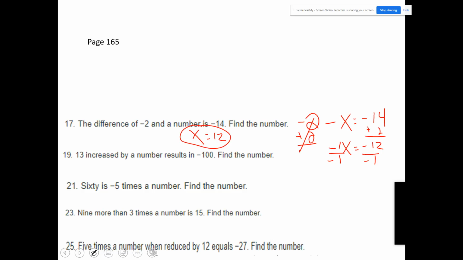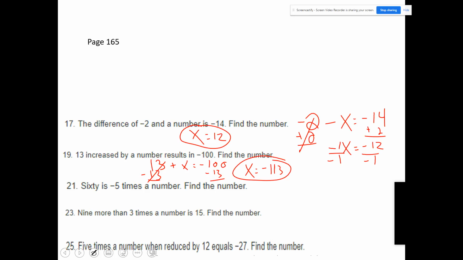For 19, we have 13 is increased by a number results in negative 100. So 13 increased is addition by a number results in negative 100. Subtract 13 from both sides, and we get x equals negative 113.